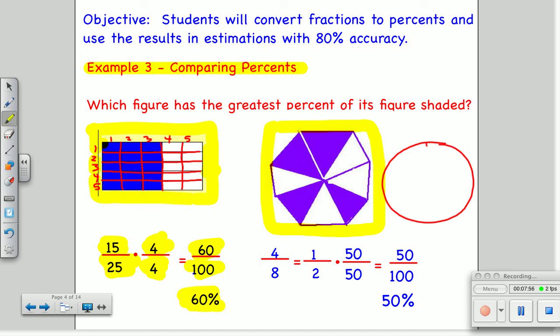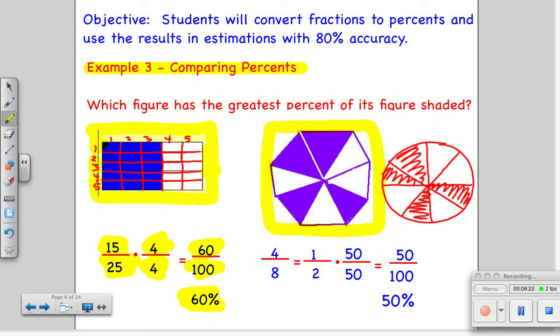You're going to divide it once, divide it again, divide it diagonally one way, and then divide it diagonally the other way. You're going to shade in 2 of these parts. Then you're going to shade in another one, and another one. Okay, so if you want to draw that circle, that's fine.